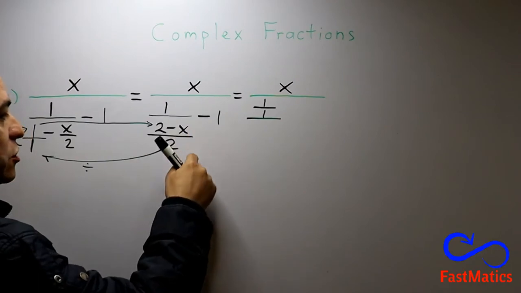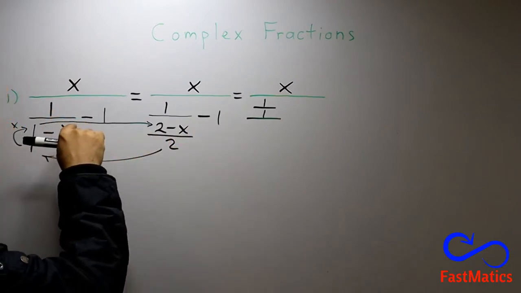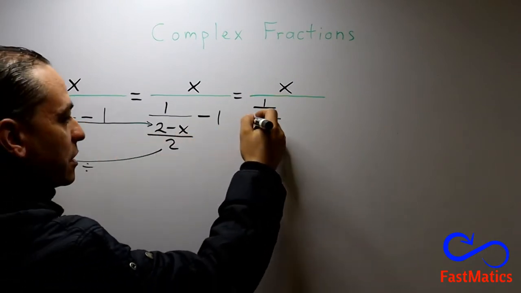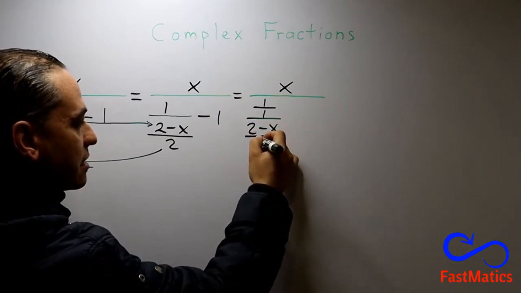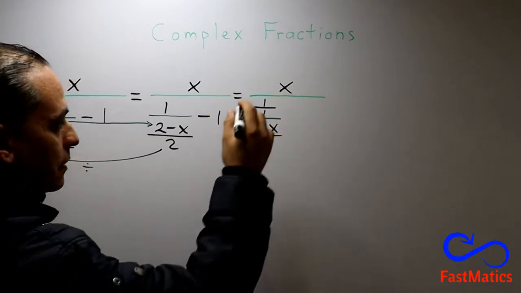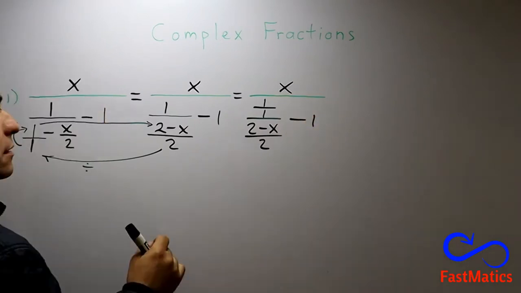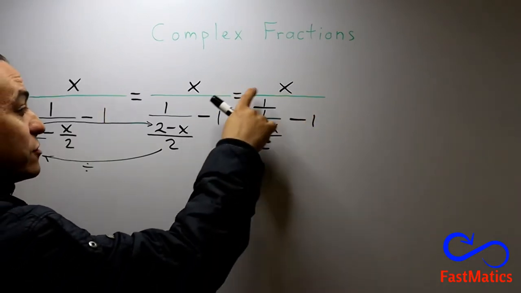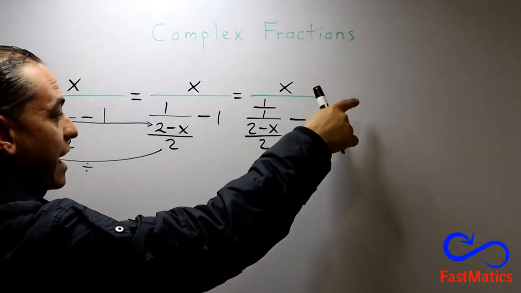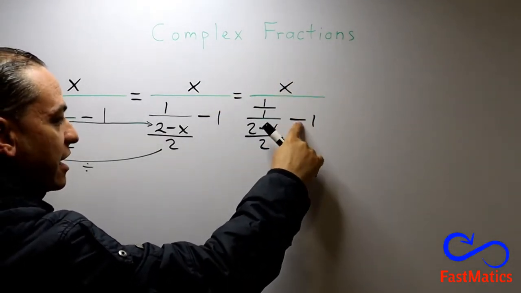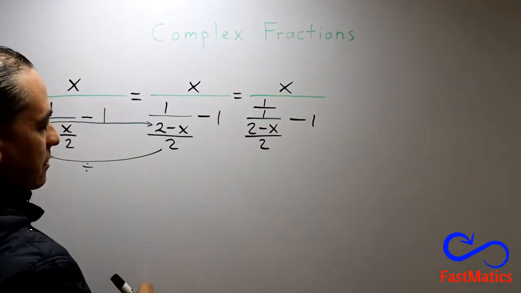And here you are sure that you have numerator and denominator. So you write 2 minus x over 2. And that minus 1. Pay attention, because you have to write this sign at the same level of the line.